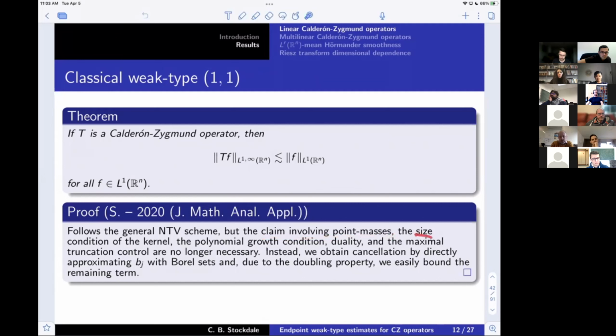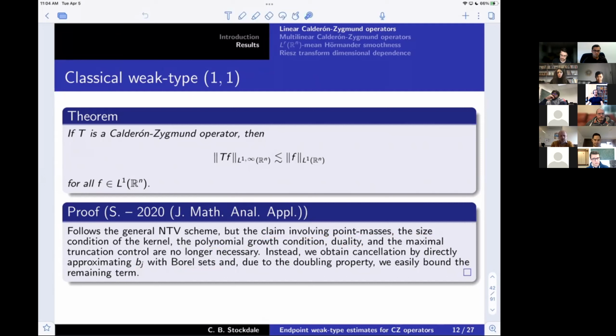So therefore, we don't need to use the size condition of the kernel. You don't need to use the polynomial growth condition or duality or the maximal truncated operator. Instead of approximating by point masses to get your cancellation that allows your L1 estimate and the smoothness estimate of your kernel, you directly approximate each of these BJs, which did not have mean zero at the time, by the pairwise disjoint Borel sets of appropriate measure.